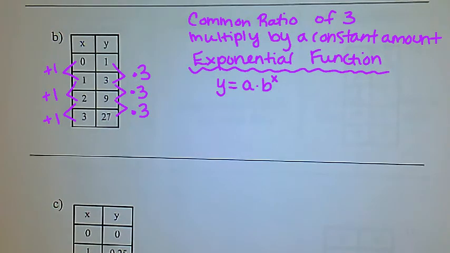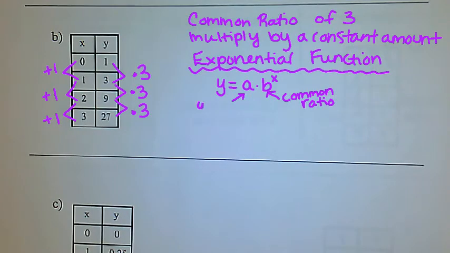So remember, for this one, b represents the common ratio, and a represents the y-intercept. Okay, so here's my y-intercept.